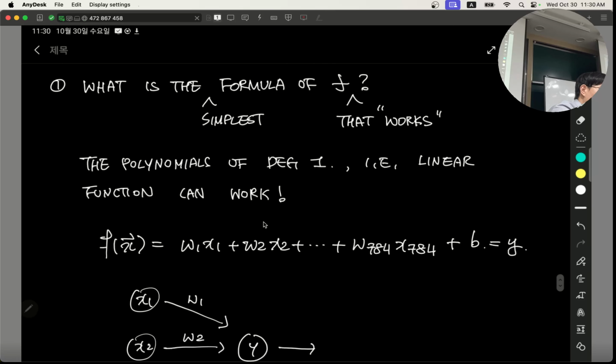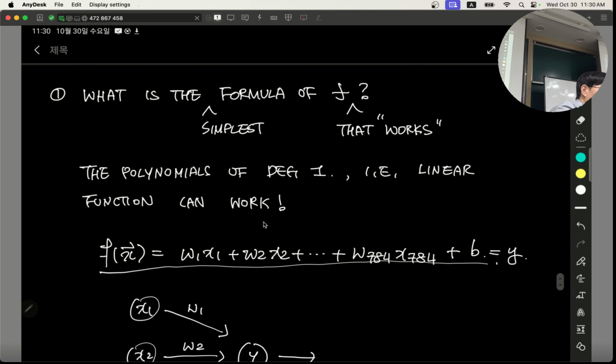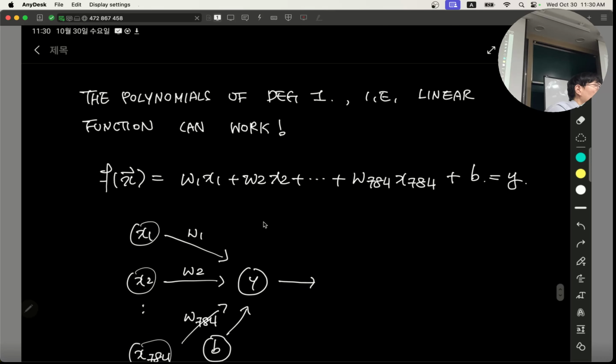However, when you use these linear functions, you don't have any guarantee that this value lies between 0 and 1, right? You can have lots of different x values. So you can't control the range of your y. Therefore, you need to use another function. Technically, it's an activation function.